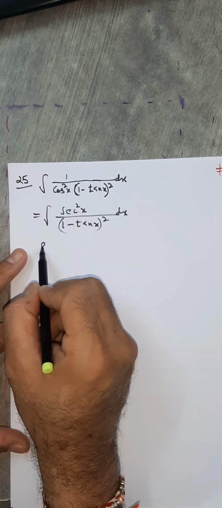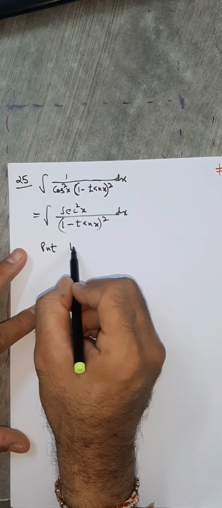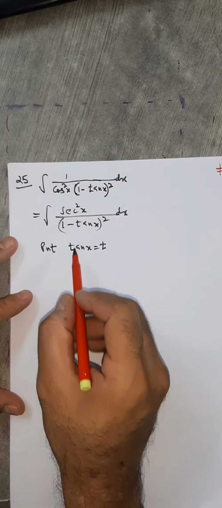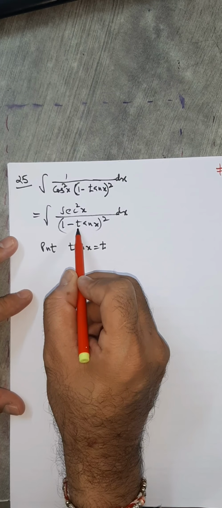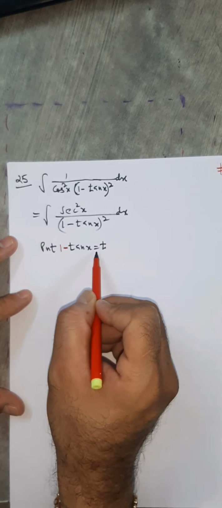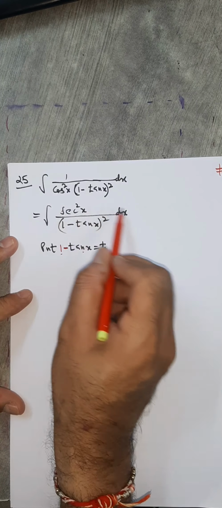Okay, now the obvious method is put tan x equals to t, remember. You can put the entire 1 minus tan x equals to t also, doesn't make a difference. I can take 1 minus tan x equals to t. Why did I do this? Because when you differentiate these, you will get this much.